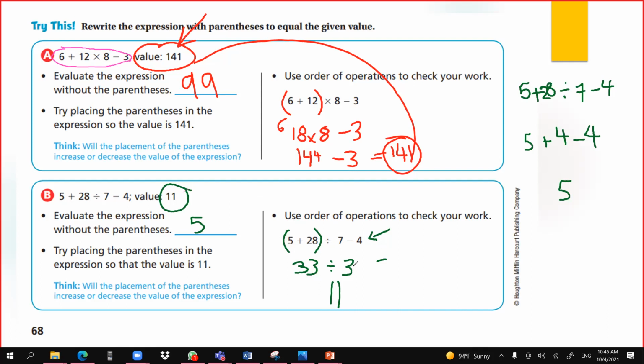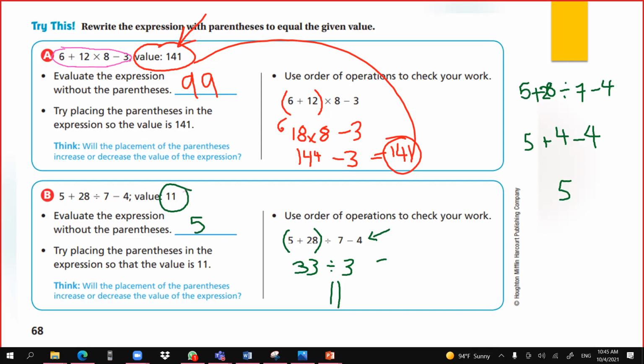Okay? But here I don't have a 3. I have only 7 minus 4. How can I get the 3? That means I can use the order of operations, because if you keep it like divide by 7 minus 4, you will not get the same answer.